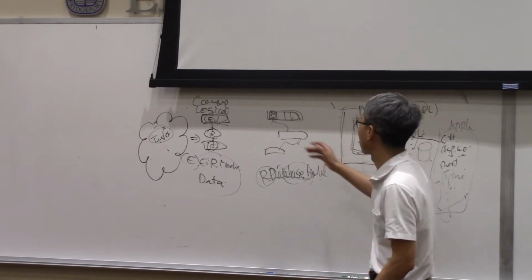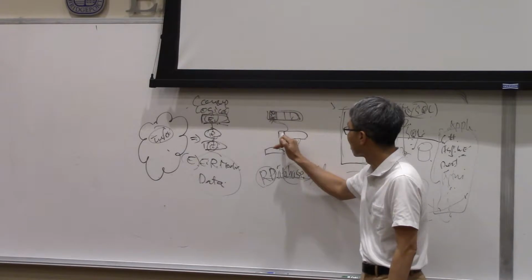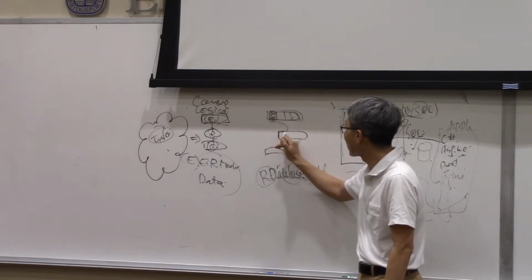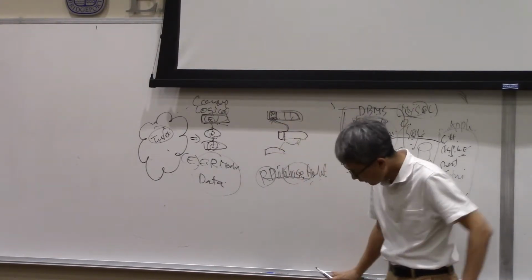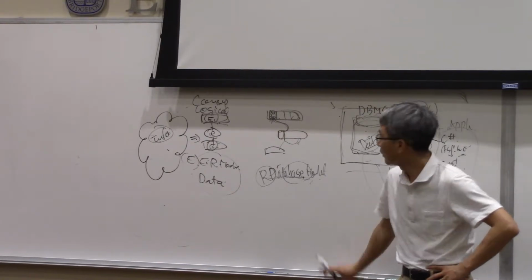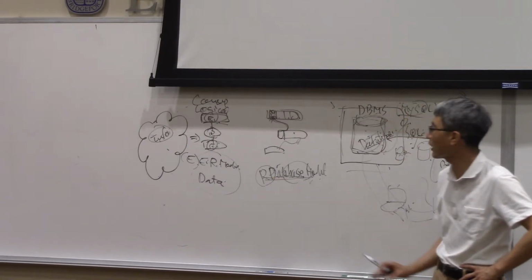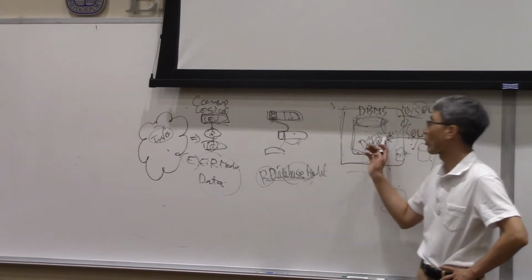Also there is referential integrity: referencing data should exist in the referenced relation. That is the foreign key. So this is a relational database model, and it is very close to the actual database.